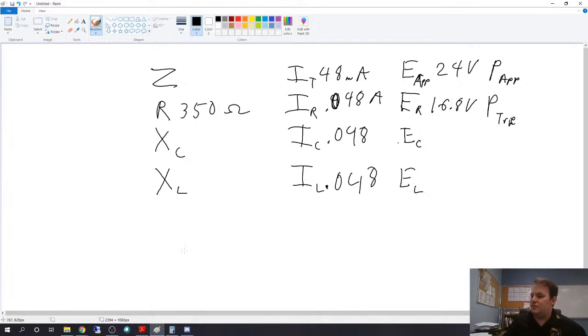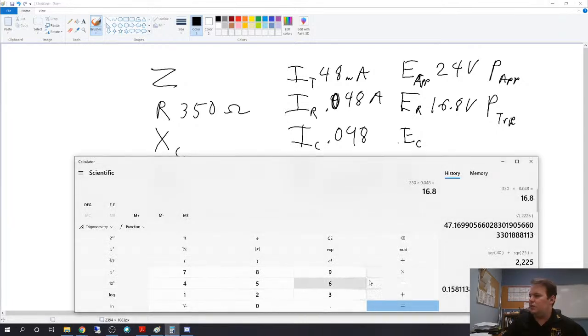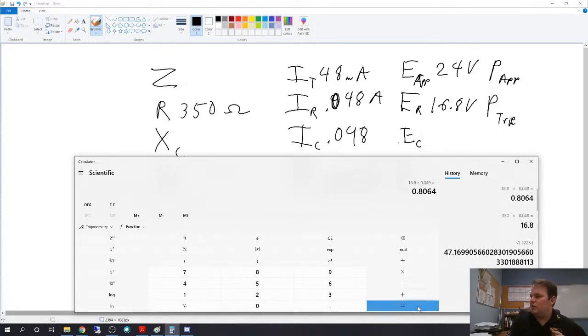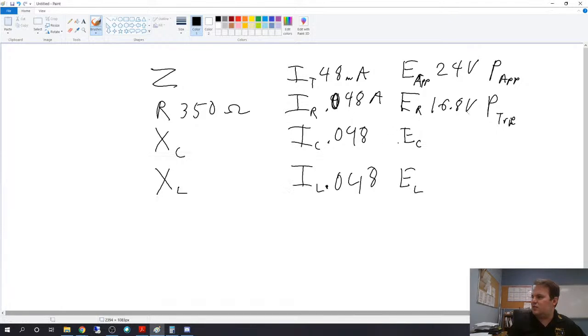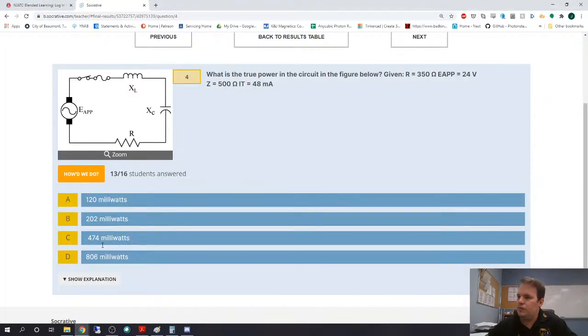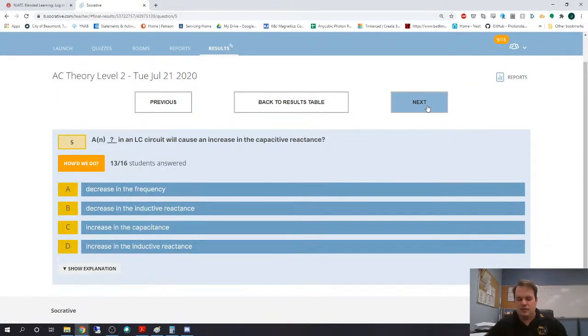And now we can take that 16.8, multiply one more time by 0.048 to get over to true power, which is equal to 0.806. So 806 milliwatts. It's probably what the test is going to say, or the quiz. 806 it is. All right.